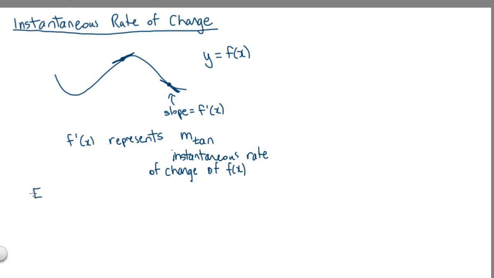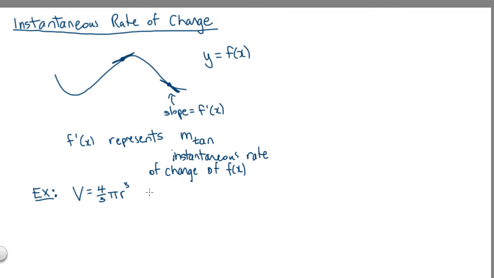So let's try a little example here. Let's say we have a function V, which looks like 4/3 pi r cubed. You might recognize that as the volume of a sphere with radius r.